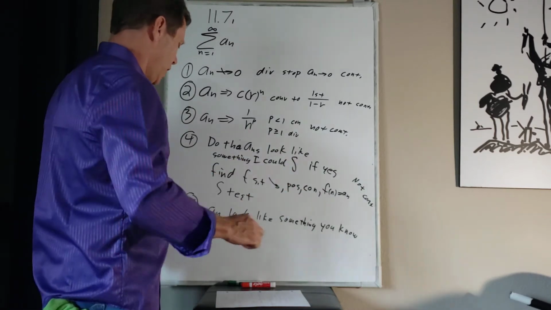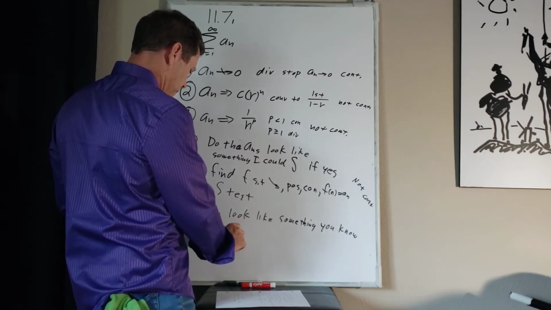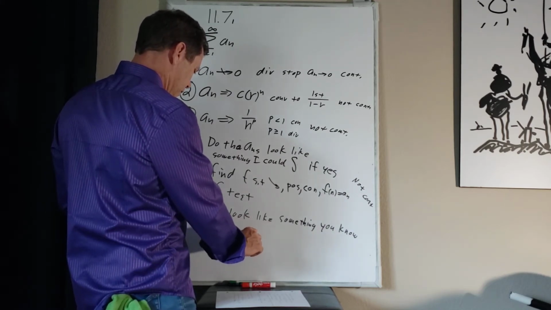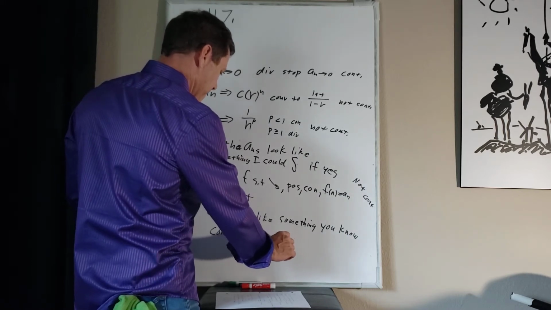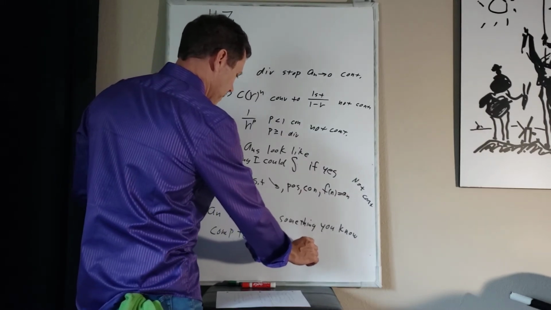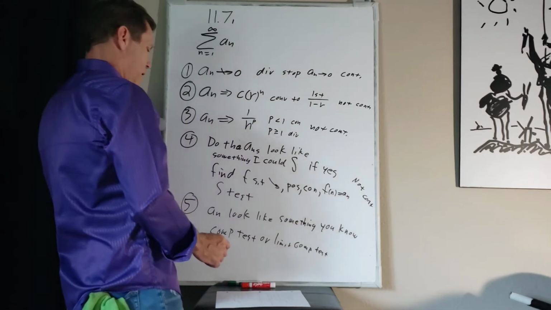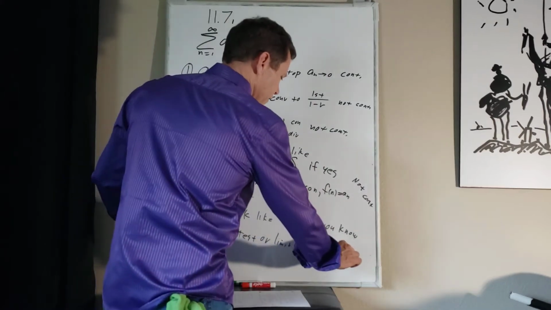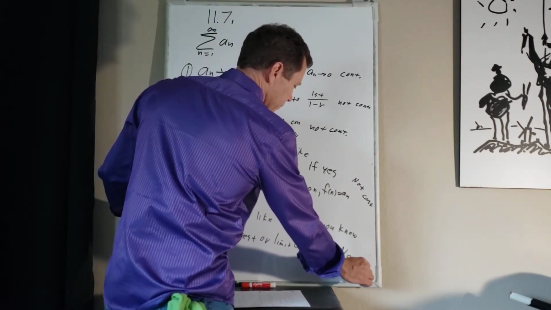If they do, you're going to use the comparison test or the limit comparison test. If it doesn't look like something you know anything about, then you continue.